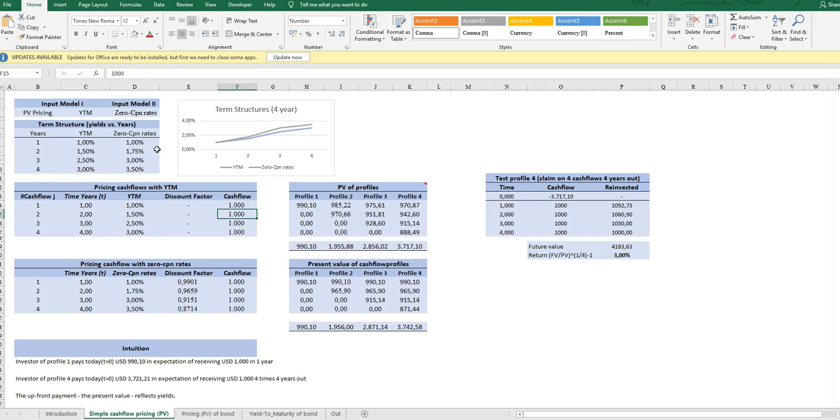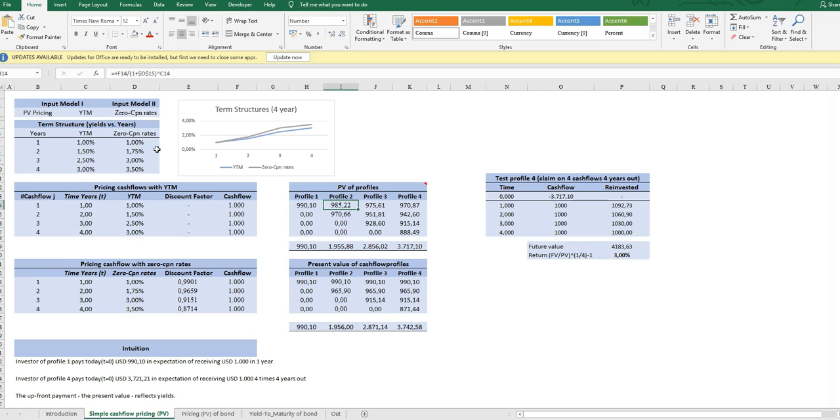So note here, we are not talking about any coupons or any principals yet. It's not specifically a bond, it's just cash flow, because it's very important to note that bonds are simply cash flows with a special structure. So investor 2 has a claim on the second and the first one, and of course the same with the third and fourth investor.